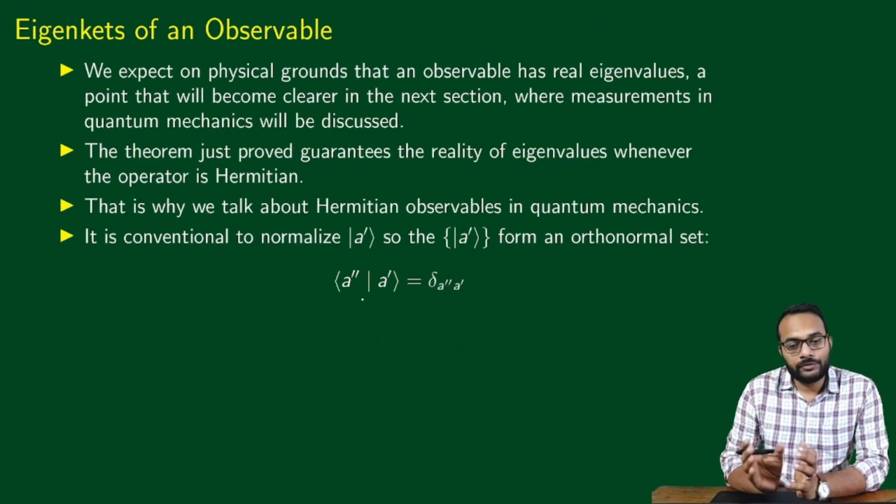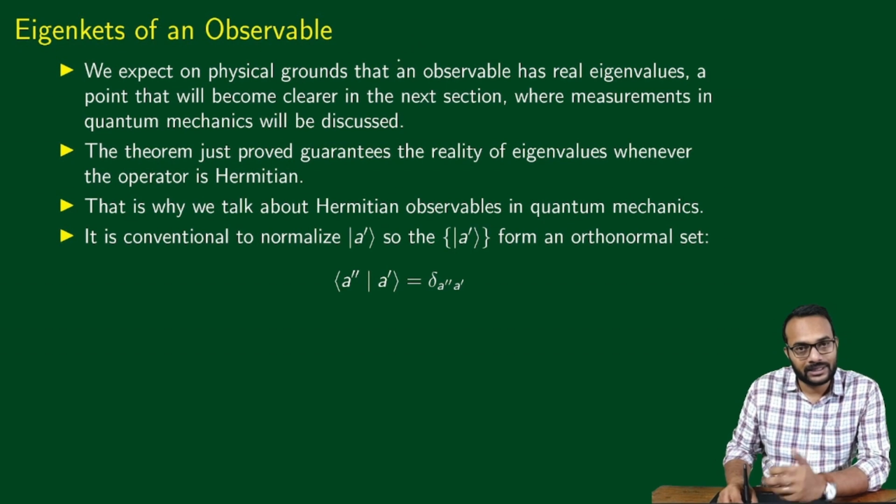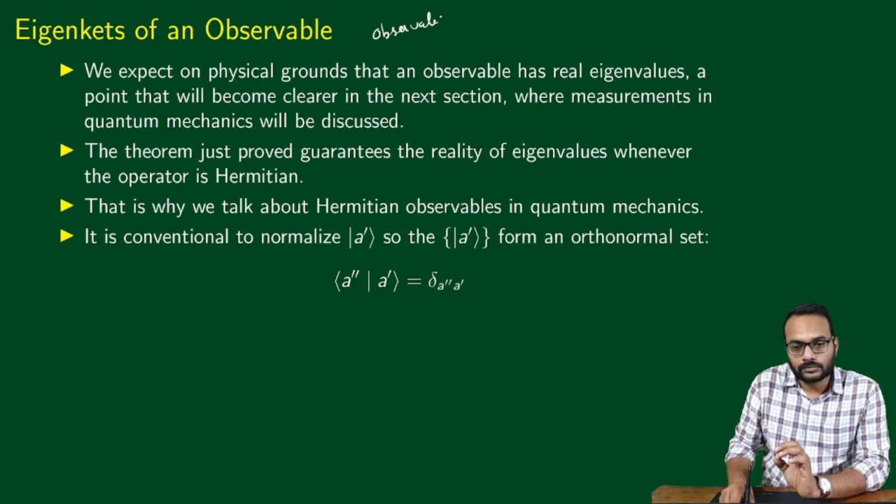Now we expect on physical grounds that an observable has real eigenvalues. Why is this? Because we have already mentioned that observables are represented by operators, and the possible measurement outcomes are the eigenvalues of the operators.